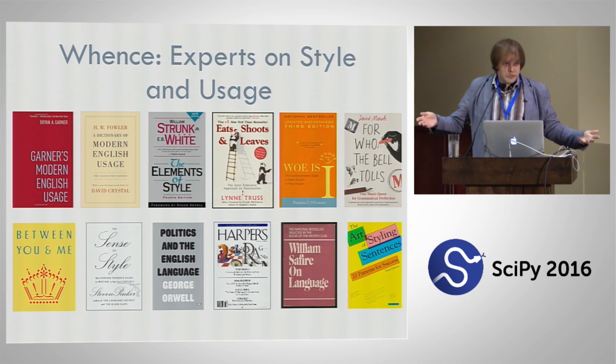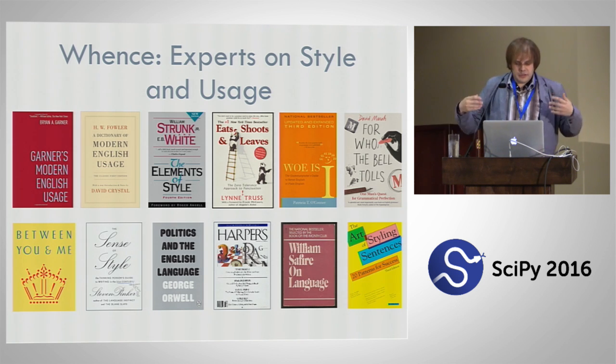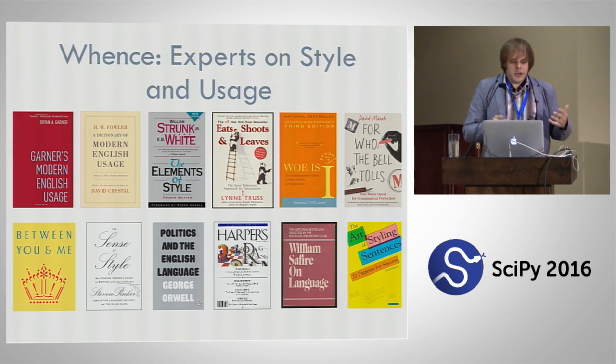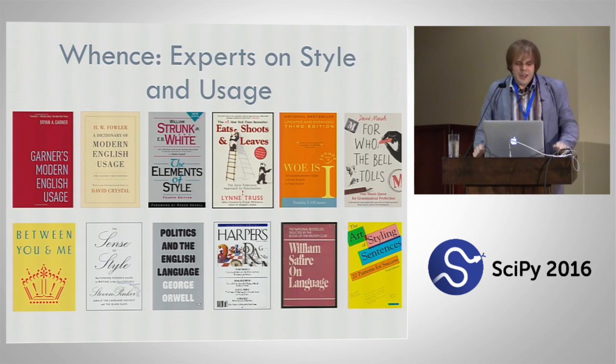So if you want examples of the people that we're turning to be able to establish these rules, probably the most prominent one is Bryan Garner. His previous book, Garner's Modern American Usage, apologies, was where most of the work came from, and the initial stuff that we did.